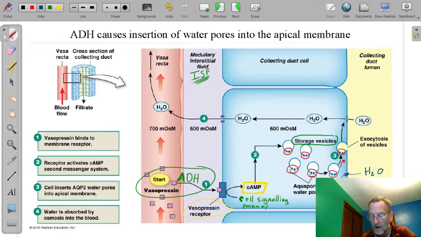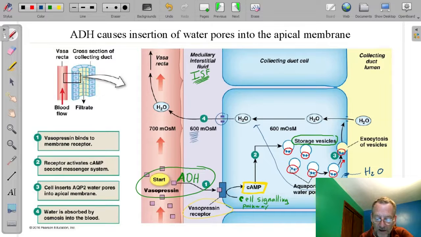And then that water going to the top part of this cell can then leave. It leaves the cell out through another aquaporin, out into this high osmotic fluid, very salty, so water readily flows into that.